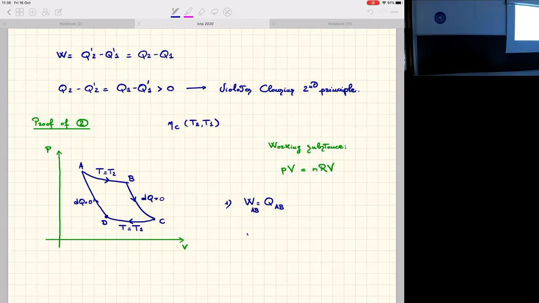All right, so now the work, W_AB, is equal to the integral between A and B of P dV.